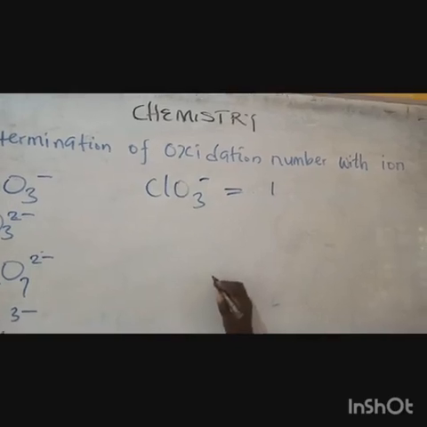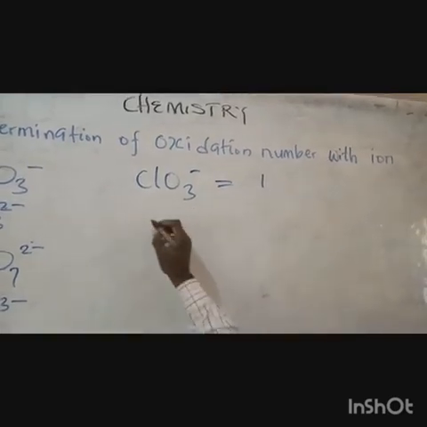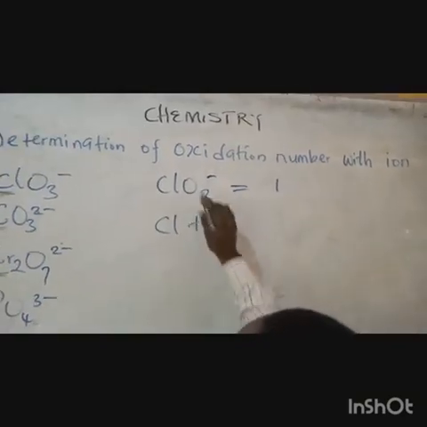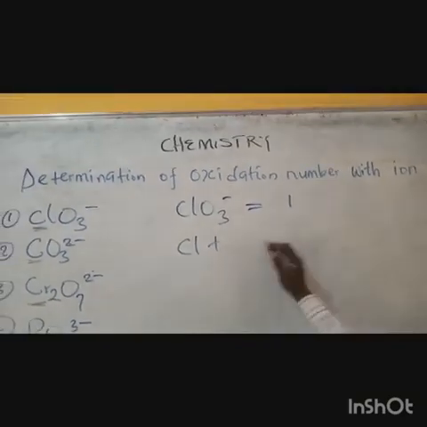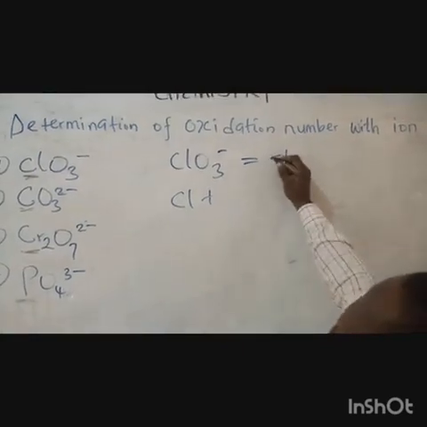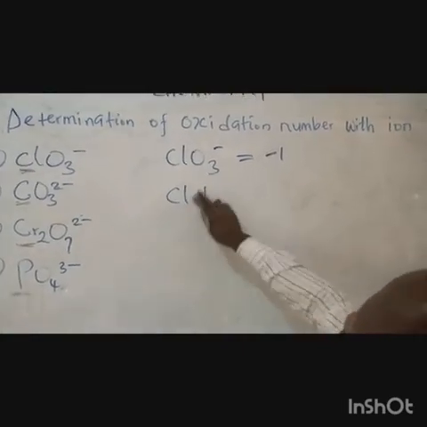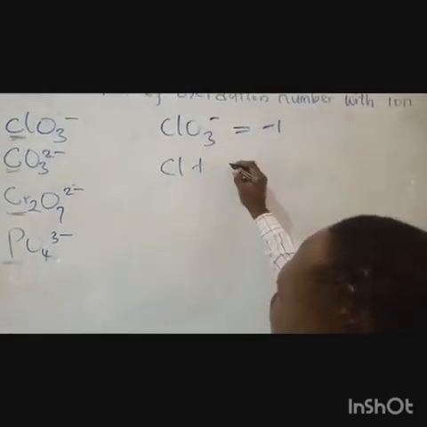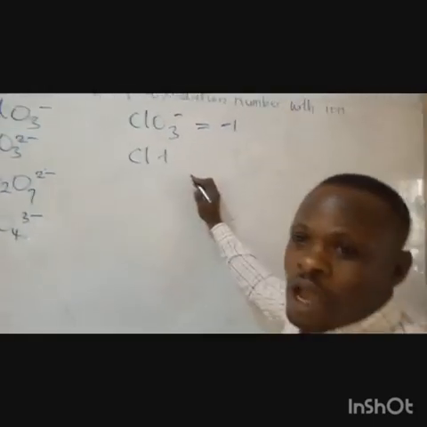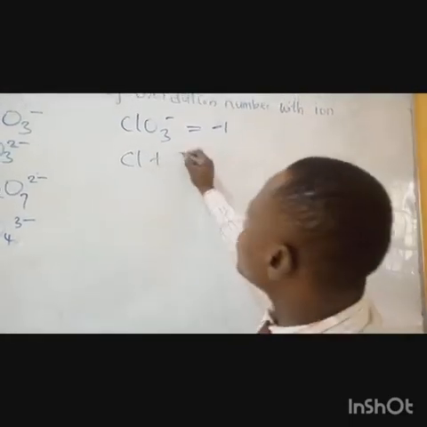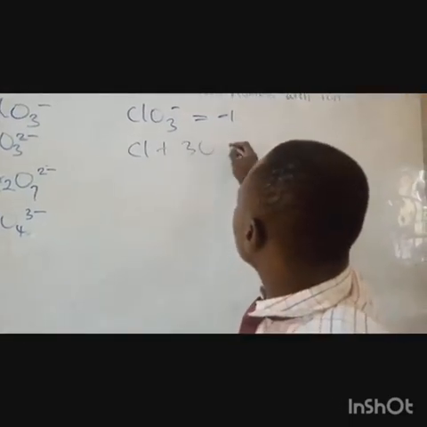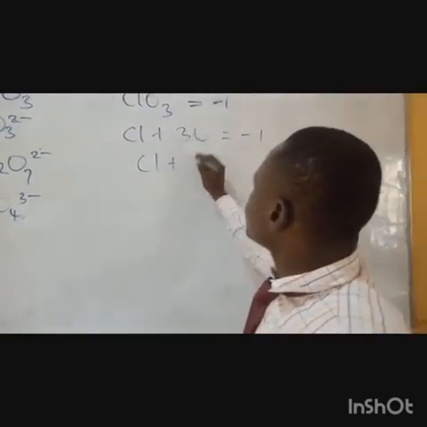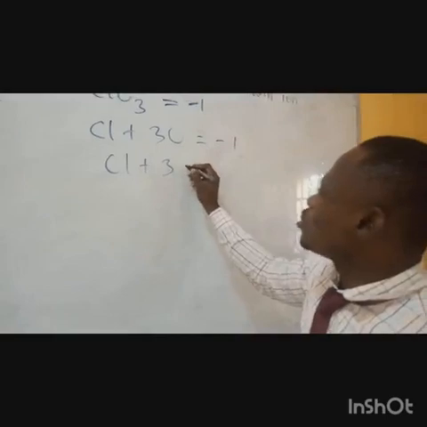So we are determining the oxidation number of chlorine. Chlorine plus oxygen, and I told you in the previous video that the oxidation number of oxygen is -2.